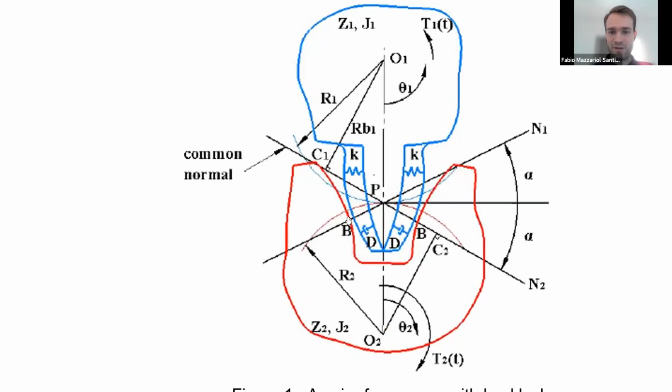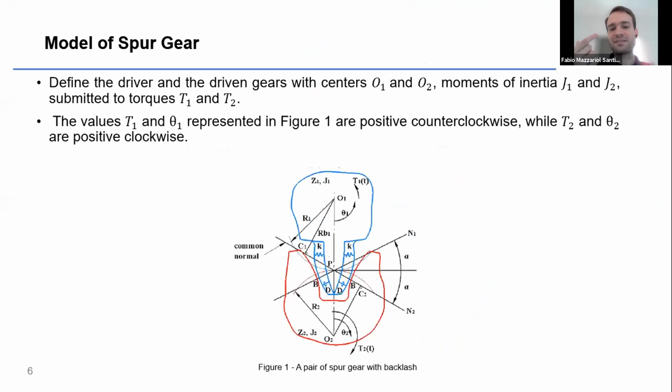here between teeth. We can assume this backlash as B, the distance along the common normal line between the teeth of the first gear and the second gear, if they are aligned, as we can see in this picture here.